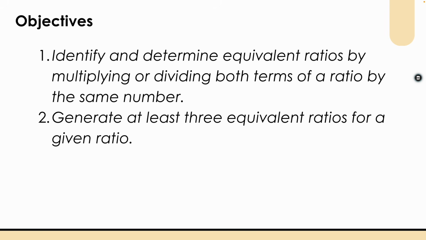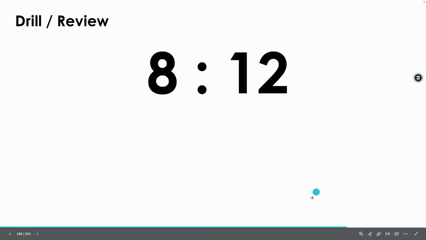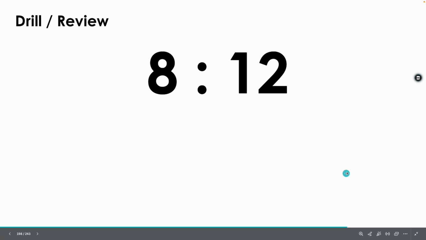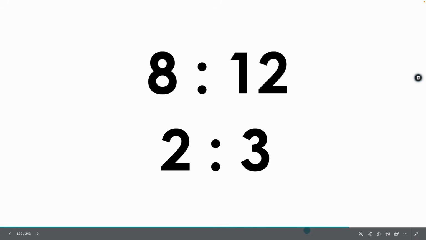Let's simplify the following ratios. How are you going to simplify 8 to 12? Okay, good. If your answer is 2 to 3, good job. So what you did here is you divide both terms by 4, right? So let's have another one.